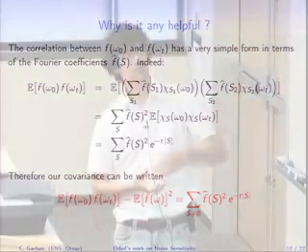If you want to compute the correlation between time 0 and time t, you write down your observable, project it on your basis, and then use the fact that different characters are orthogonal, so only the diagonal terms remain, and you end up with this simple formula here.